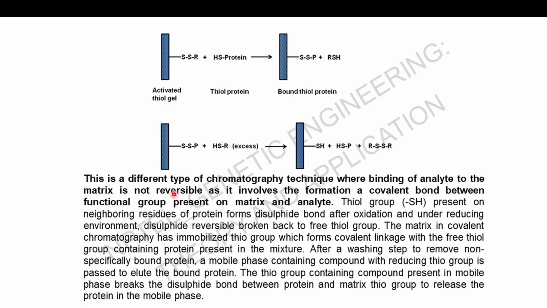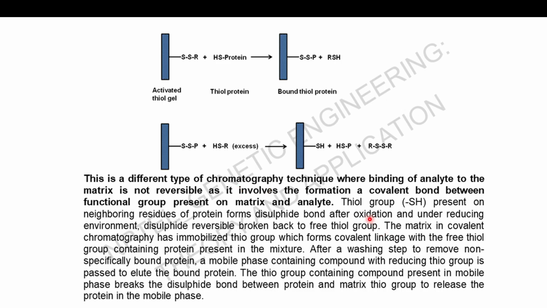Now there is something where thiol proteins can be purified. Okay, this is a very different type of chromatography where the analyte is binding to the matrix, but it is not reversible. Okay, because this type of chromatography involves the formation of a covalent bond between the functional group which is present on the matrix and the analyte that is passed through.